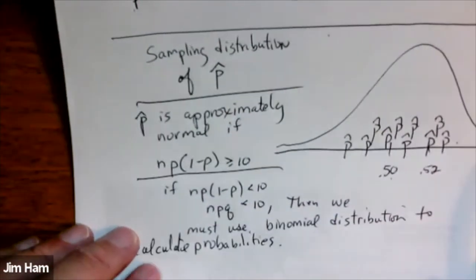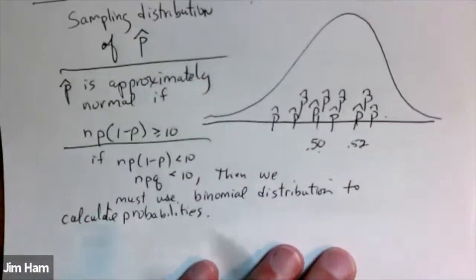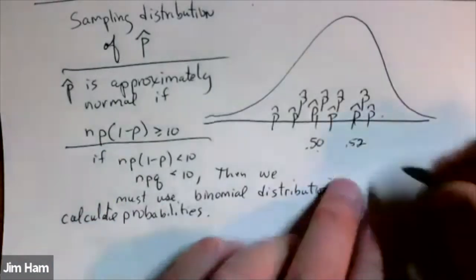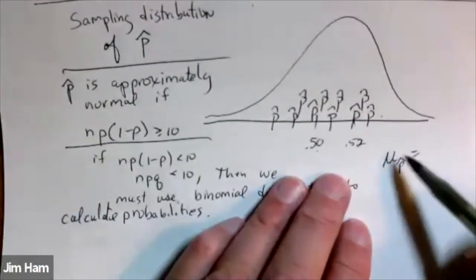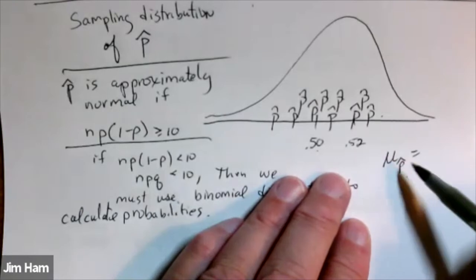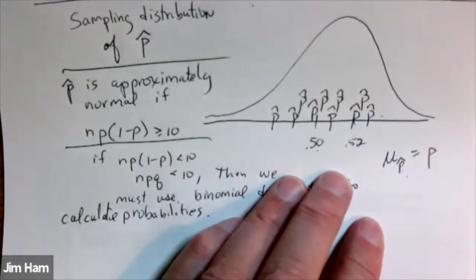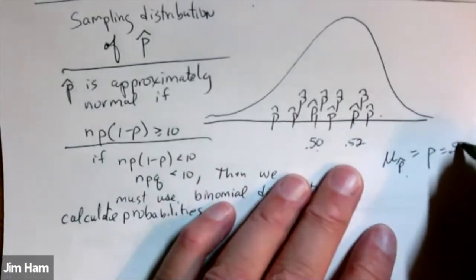And it turns out that if this criteria is met and our sample size is in fact large enough, then the mean, notice my variable name, it's not the mean of the means, it's the mean of the p hats, is going to be equal to the population proportion, which in our case here is 0.50.